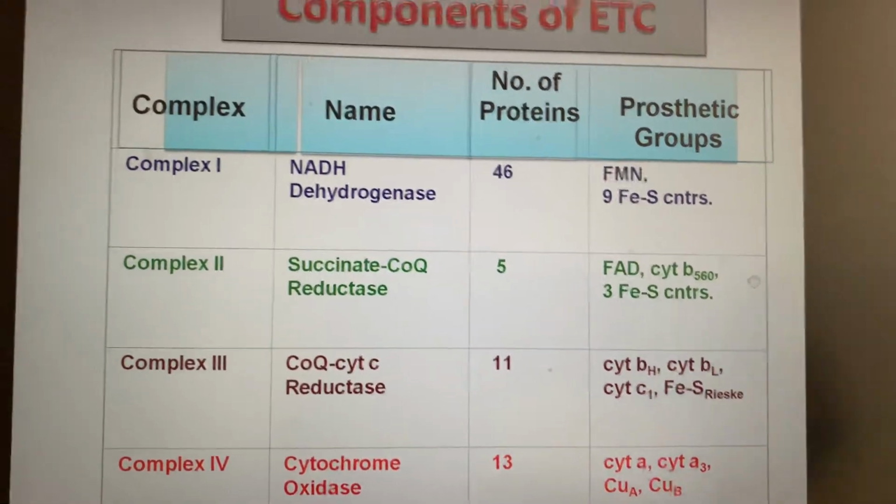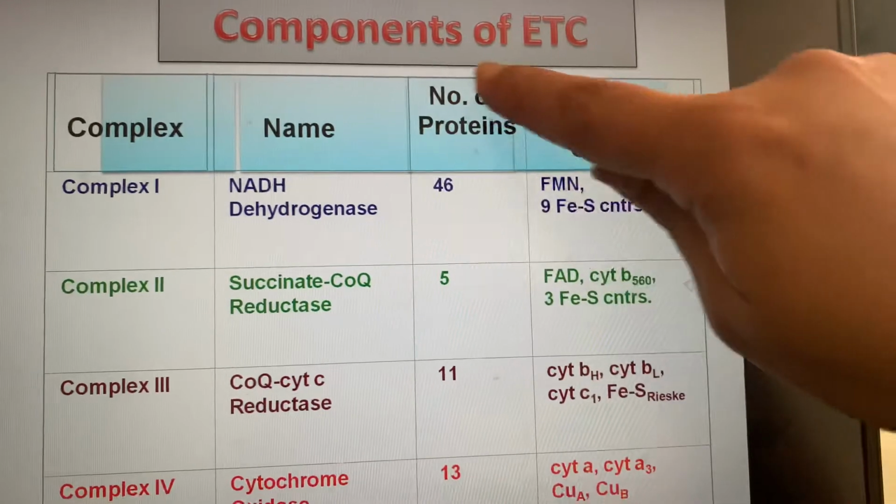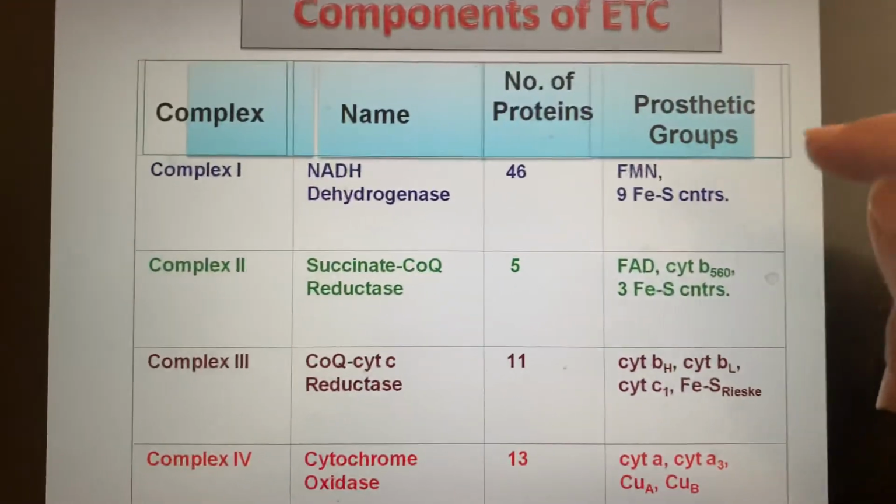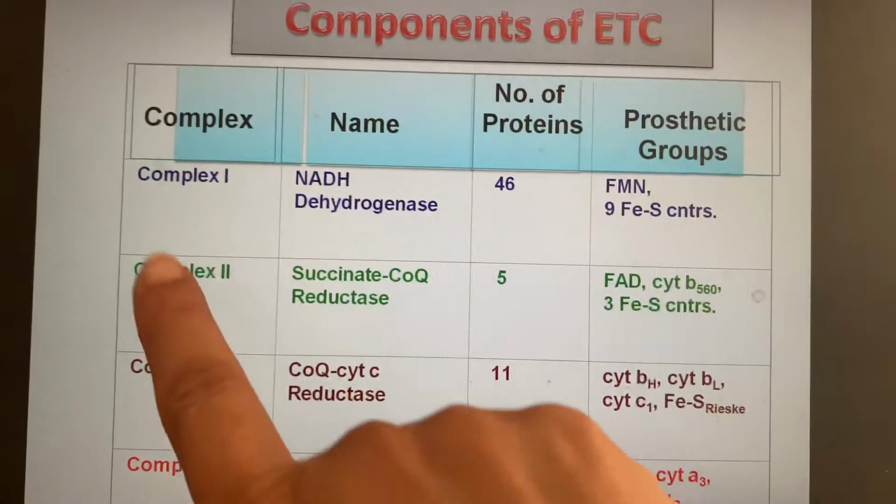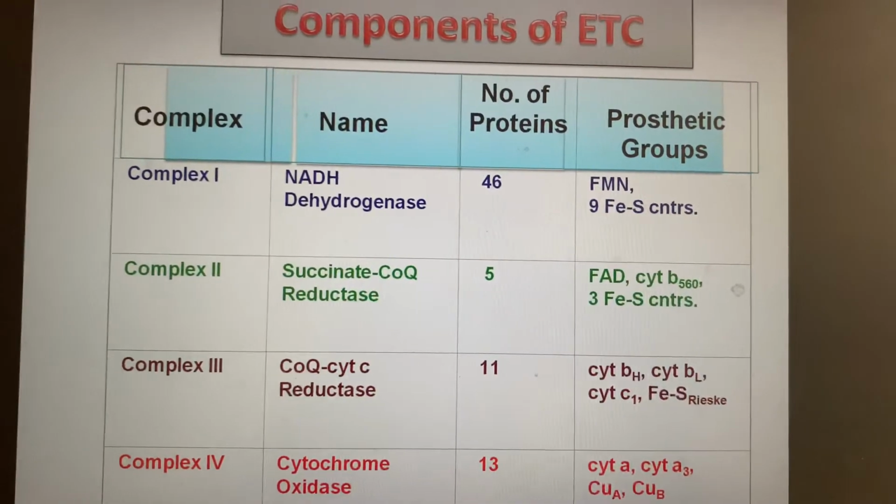And the number of proteins present in complex 1 is 46.